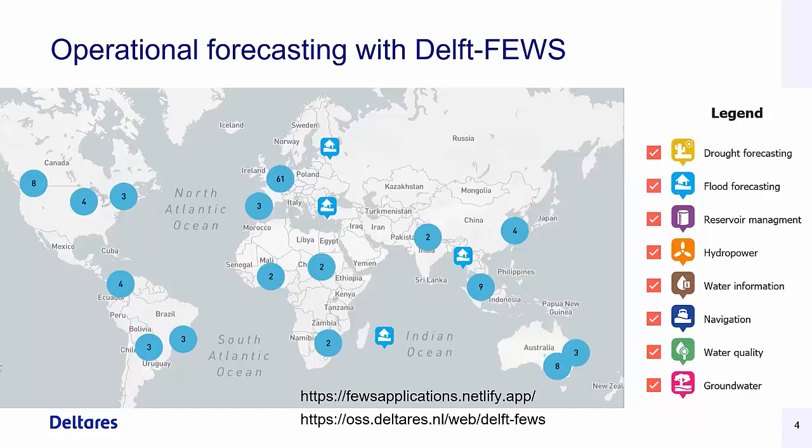Deltares is in the Netherlands. The Netherlands is not a reservoir country, I would say. It's a flat, low-lying country at the coast in this area in Europe. But this does not mean that we don't deal with reservoirs. Here you see a map of operational forecasting systems in the world that are built with Delft-FEWS. In the legend, you can see that we have drought forecasting, but also flood forecasting and reservoir management, hydropower.